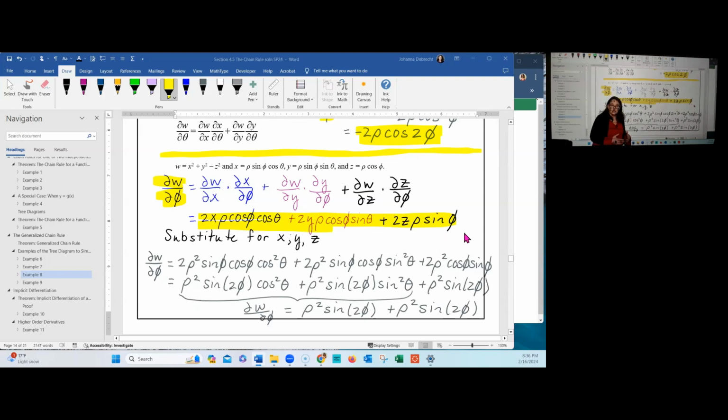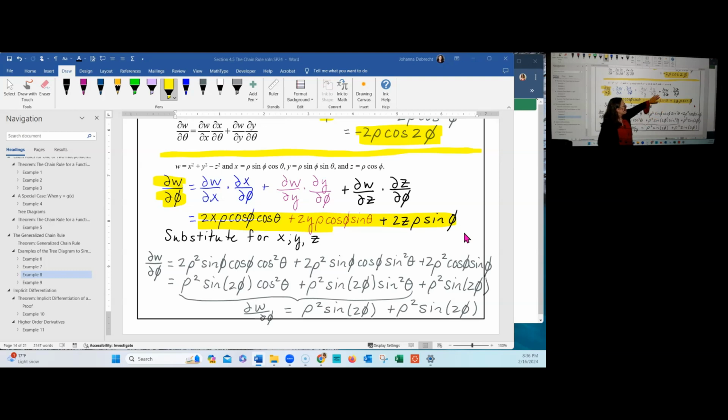Again, we take the partial with respect to x, which is 2x, multiplying by the partial of x with respect to phi, which is rho cosine phi cosine theta. Then we add the partial of w with respect to y, which is 2y, multiplied by the partial of y with respect to phi, which is rho cosine phi sine theta.